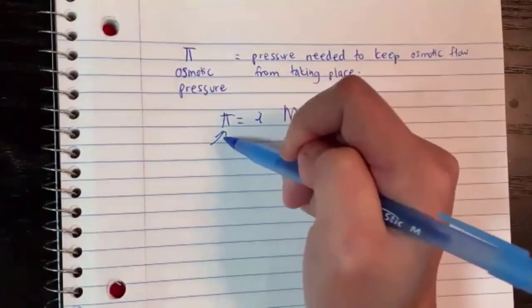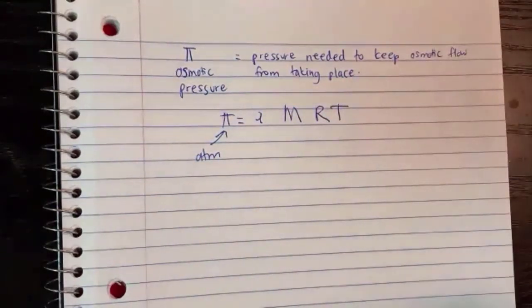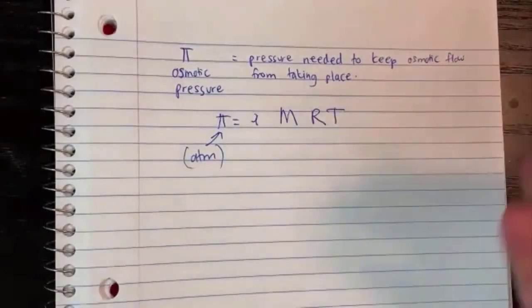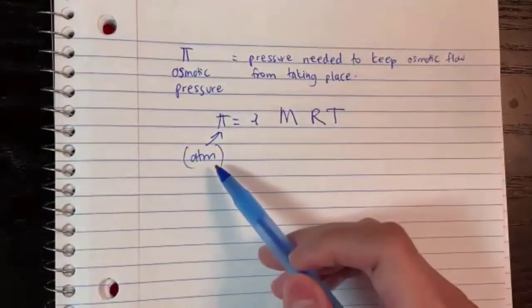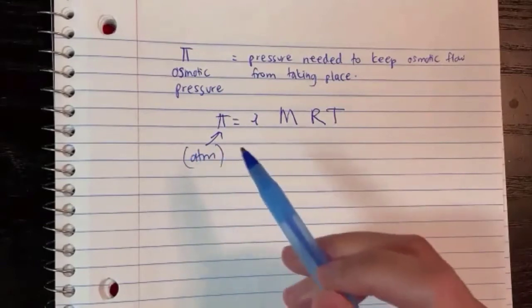You know how earlier they kept using torr? A lot of times they use torr or atm, whatever. But whatever unit they gave you, you want to convert it to atm. There's a reason why.